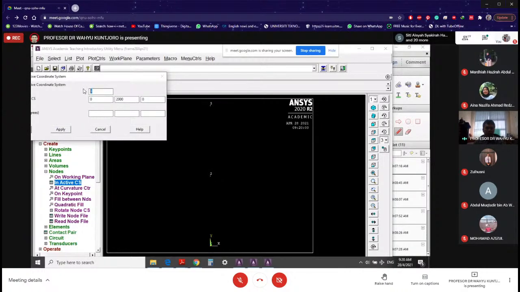Node number 4 is going to be at this coordinate, 1000 and 1000. Hope I'm doing that correctly. Okay, it is wrong. I repeat again. Node number 4 is at 1000, sorry, 2000.